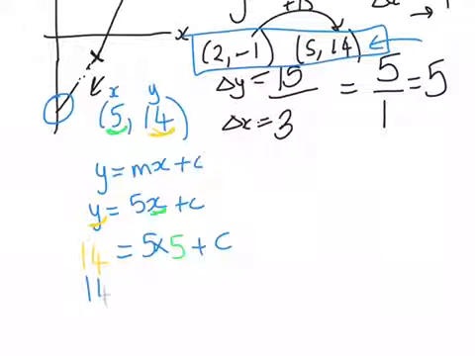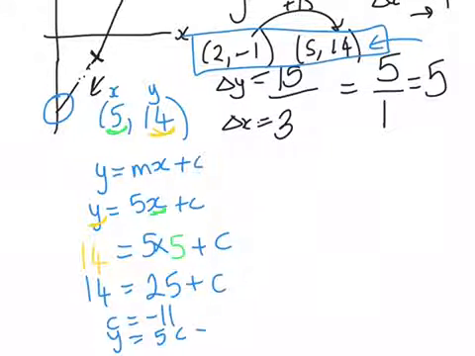So 14 equals 25 plus c. Well, 14 is actually 25 take away 11. So c is going to be -11. So my final equation is going to be y equals 5x take away 11.